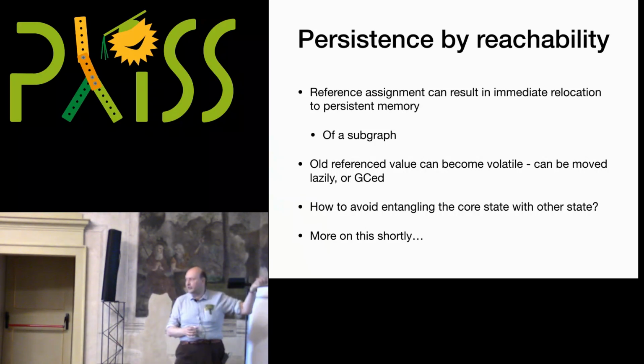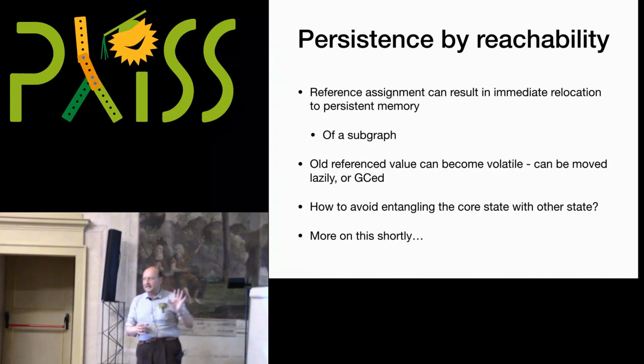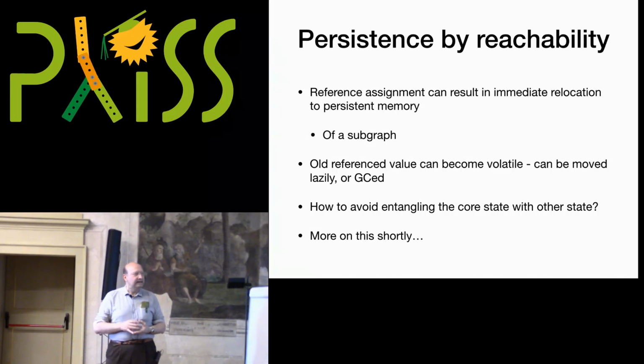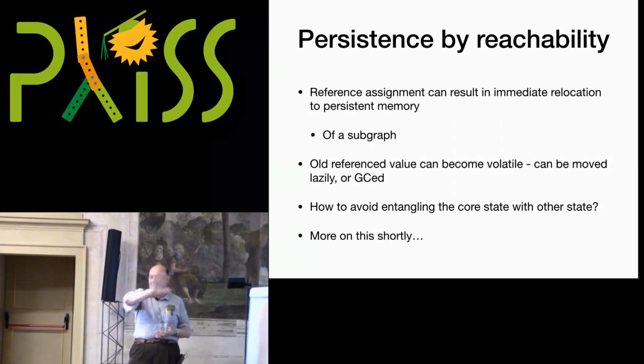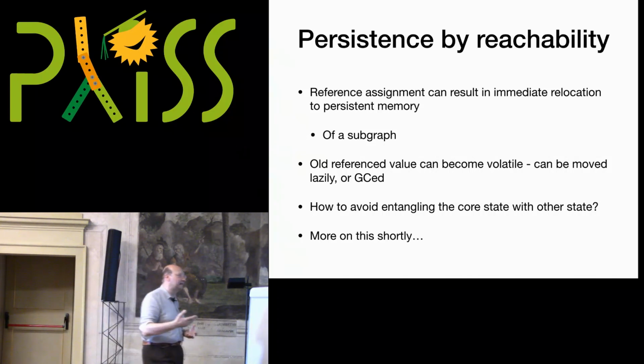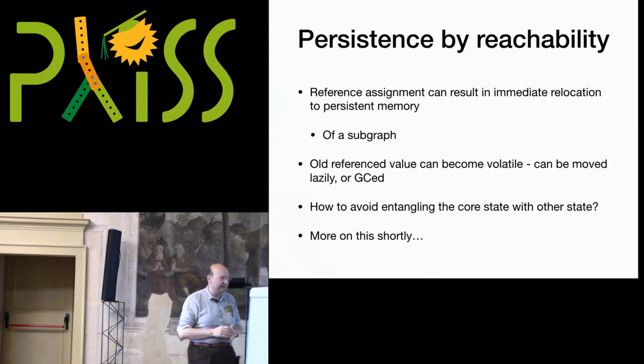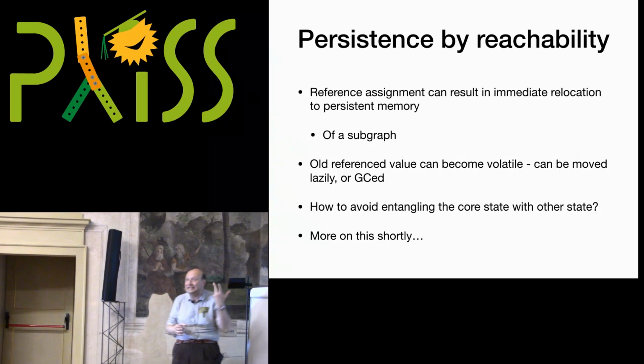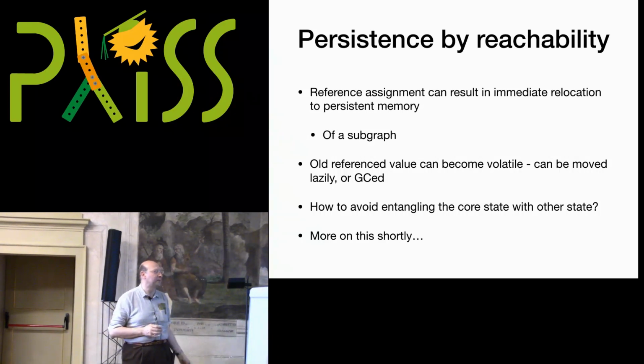Now, the former of those is the harder problem, because the implication, I think, is that the transaction you're in has to have all of that stuff actually migrate from volatile memory to persistent memory before it completes, and that could be a very long period of time. And it's a property that's non-local, right? When you write an assignment, unless you know the structure of the thing you're referring to and everything it refers to, you really don't know how much stuff that's going to be.